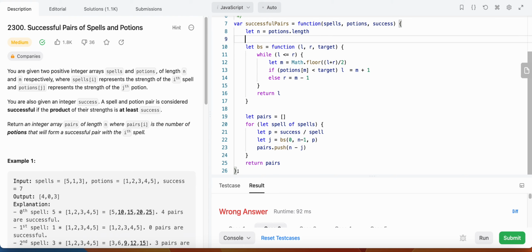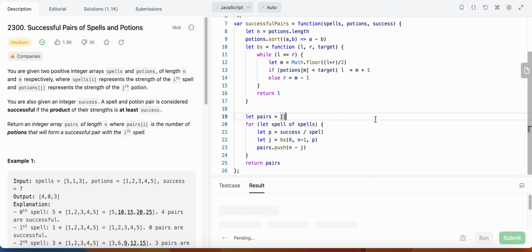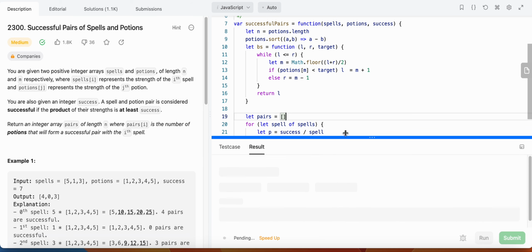Okay, so we did not sort our portions array. That is a very big mistake because we are performing a binary search on that array, and performing a binary search without sorting is a very big mistake because binary search can only be performed over a sorted array. So now let's run it.